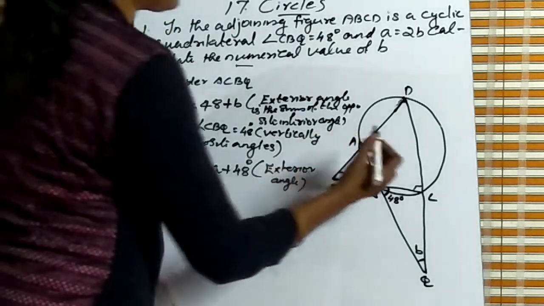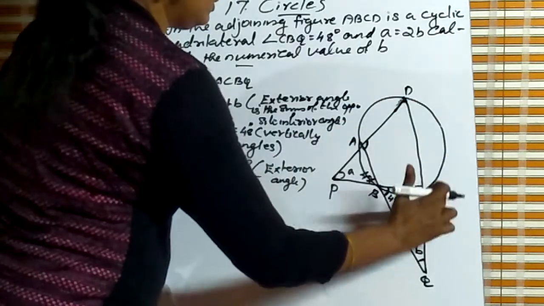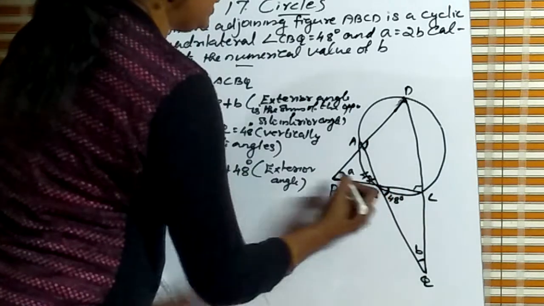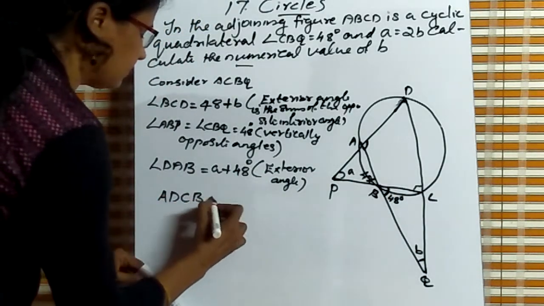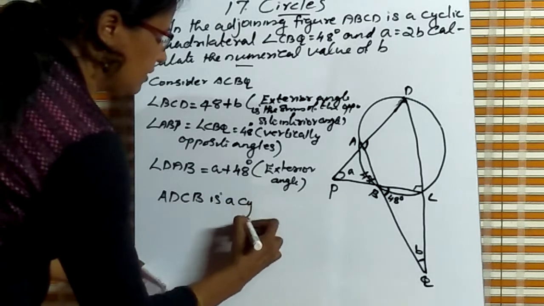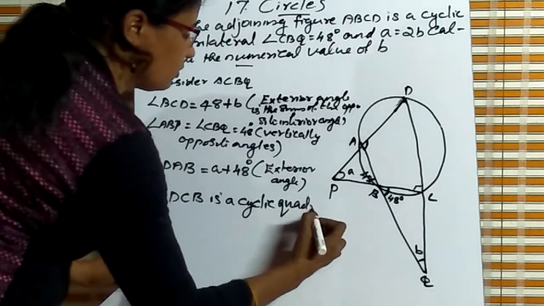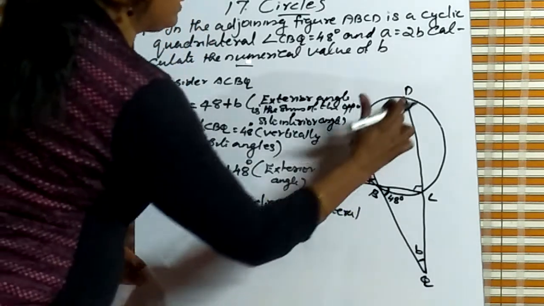Then here, ADCB is a cyclic quadrilateral. Therefore, its opposite angles are supplementary.